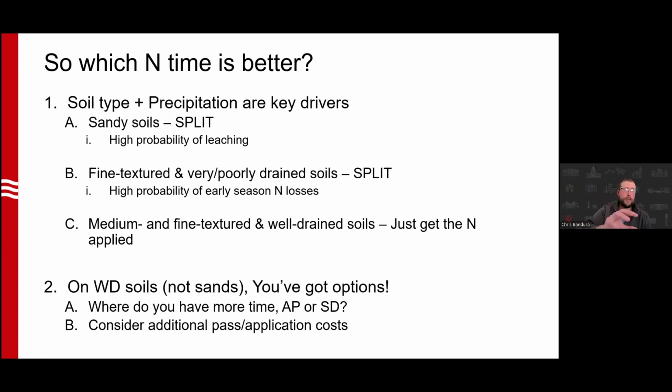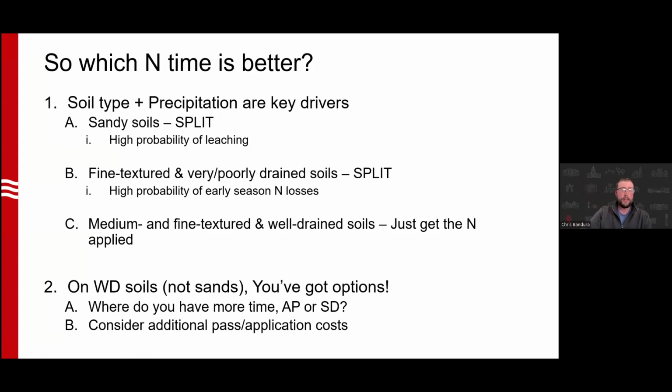So if you make a decision all at plant or all at V6 and you get a 3 or 4 inch rain, you might see some N loss. We can't predict that. On the average, just get the nitrogen out there. And what's really cool about that is on these well-drained soils, it gives you a little bit of flexibility. So if let's say at planting time, time is a restraint for you. You have a lot going on, or the co-op can't get out with the fertilizer, what have you.